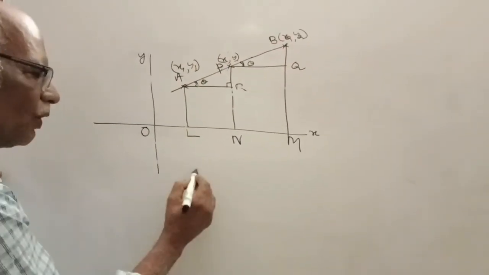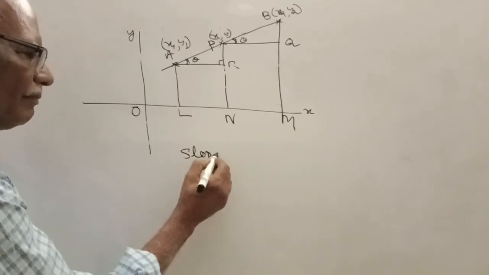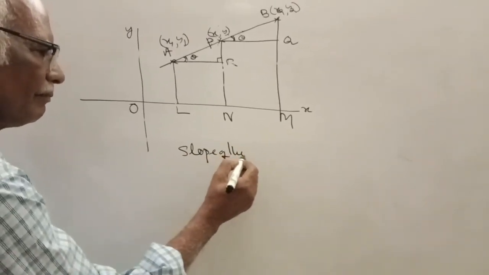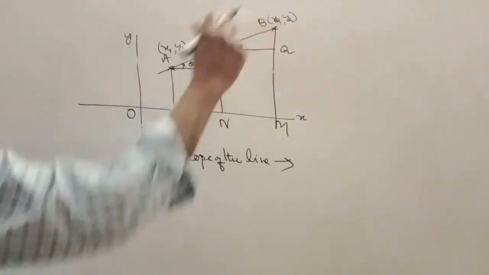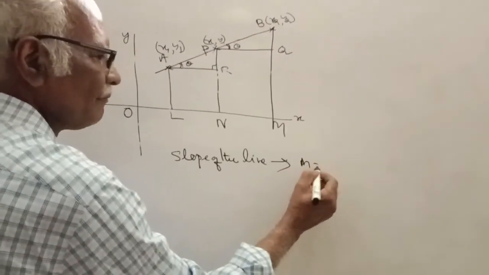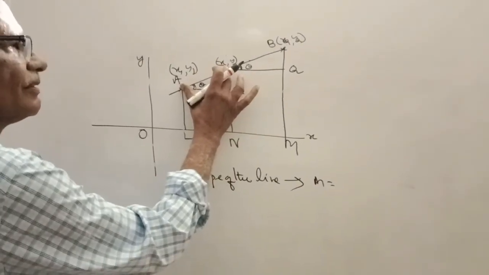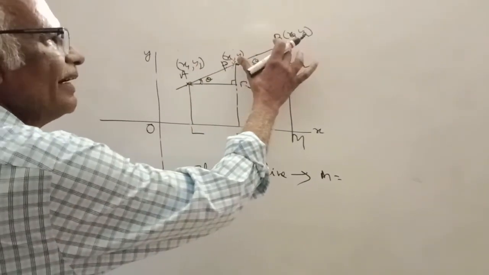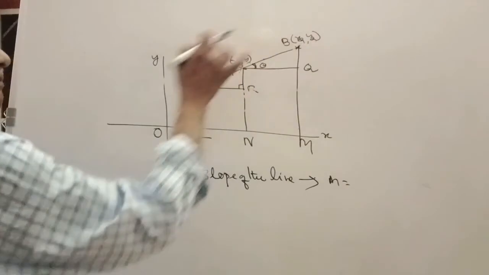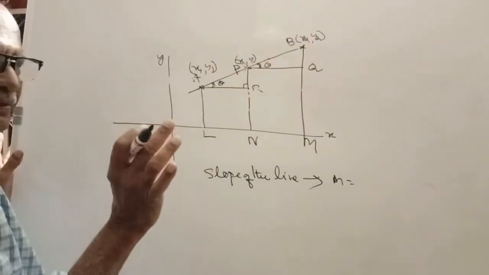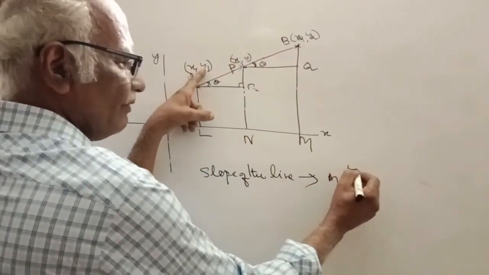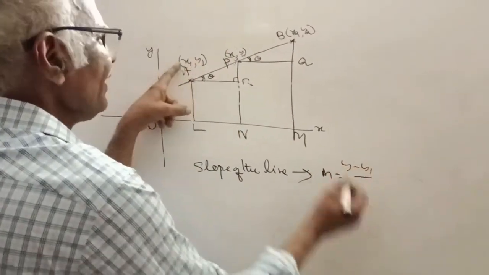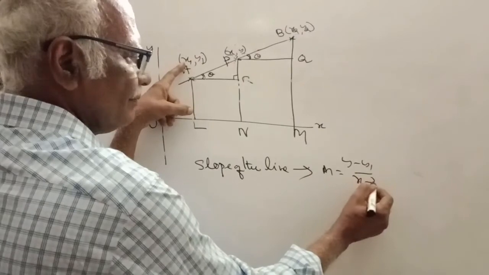So we see the slope of the whole line m is y difference by x difference. Here y difference by x difference is (y minus y1) by (x minus x1).